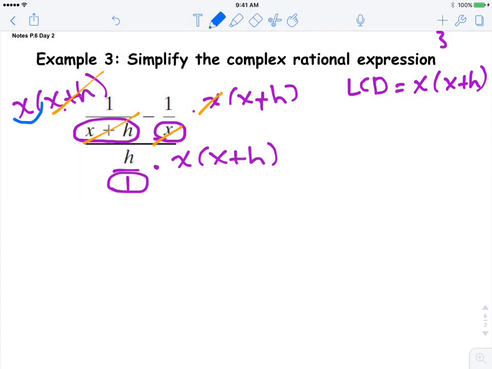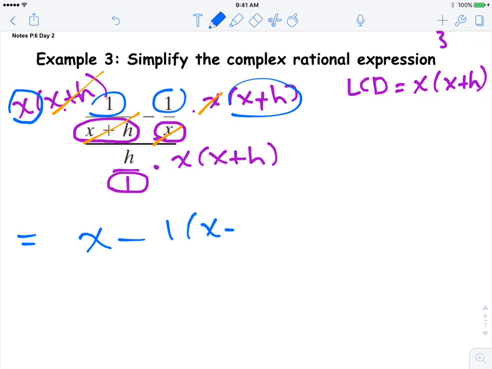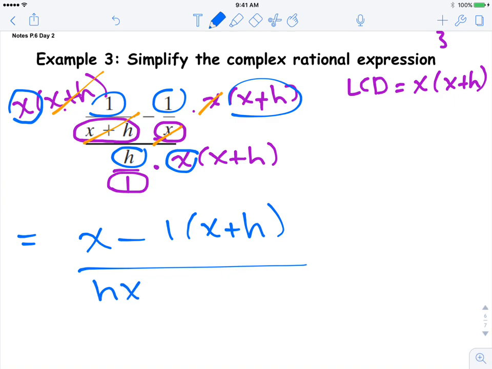We're left with x times 1, which is x, minus 1 times x plus h, divided by h, x, x plus h.